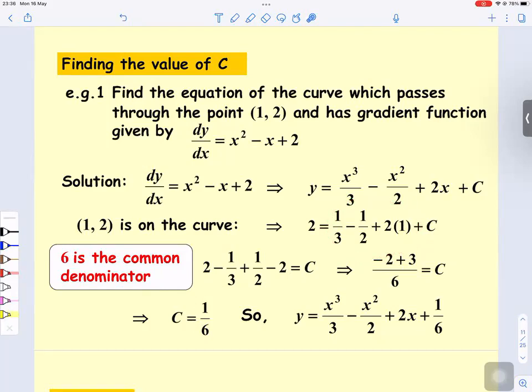And that gives you c equals 1 over 6. So you can write your equation as y equals x cubed over 3 minus x squared over 2 plus 2x plus c, which is now 1 over 6. So that's your equation of your curve, which you can plot on your graphics calculator and see what it looks like.